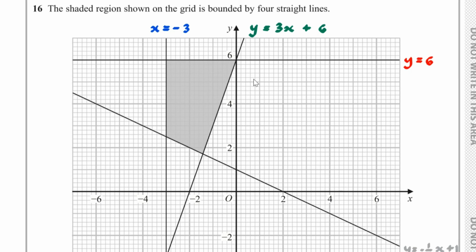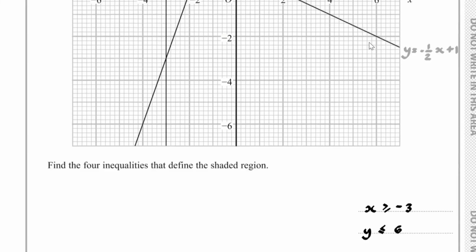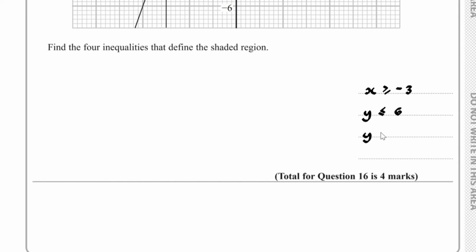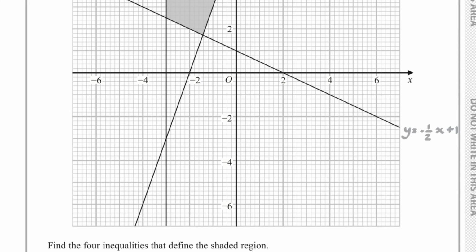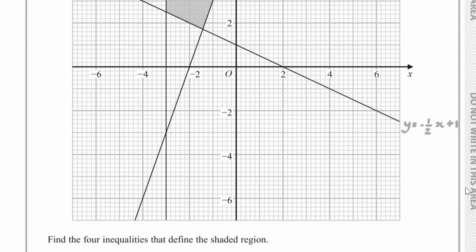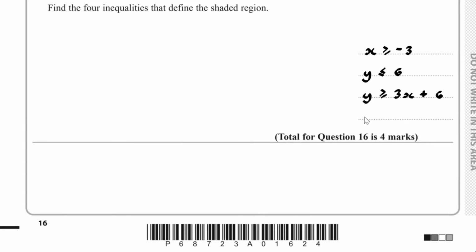Then I want values above the line y equals 3x plus 6. So we've got y being greater or equal to 3x plus 6. And then here we've got values of y being greater than minus 1/2 x plus 1. So we've got y being greater or equal to minus 1/2 x plus 1.